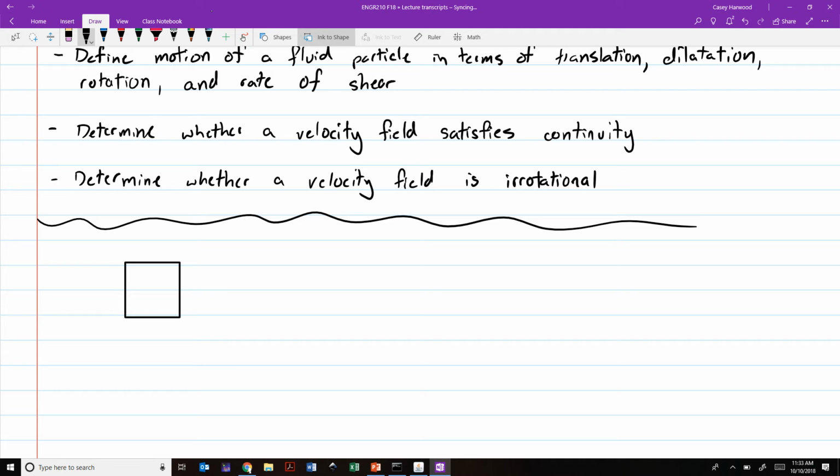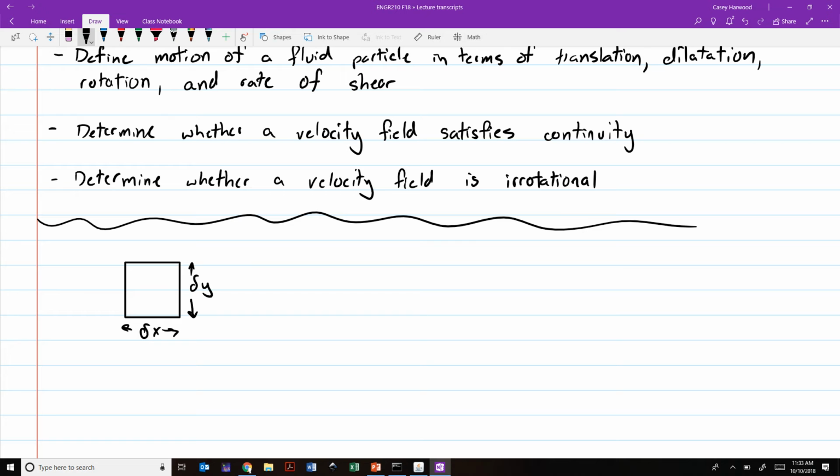So if we have a little square or a cube of fluid, and we assume that this thing is vanishingly small. And by vanishingly small, I mean it's delta x wide, delta y tall, delta z into the page, and that these delta x, delta y, delta z are all approaching 0. So this is effectively a point in space, but it's a square-shaped point in space. We're going to zoom in on this.